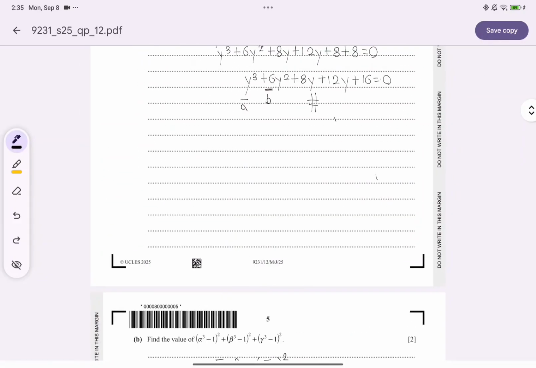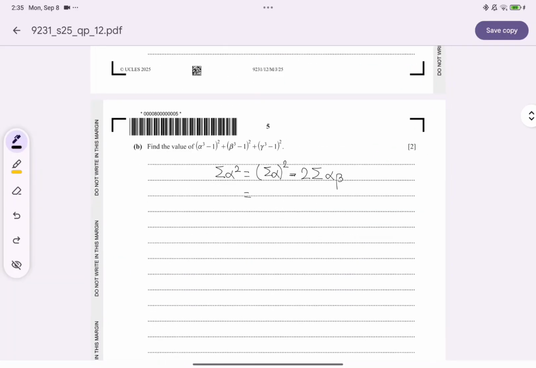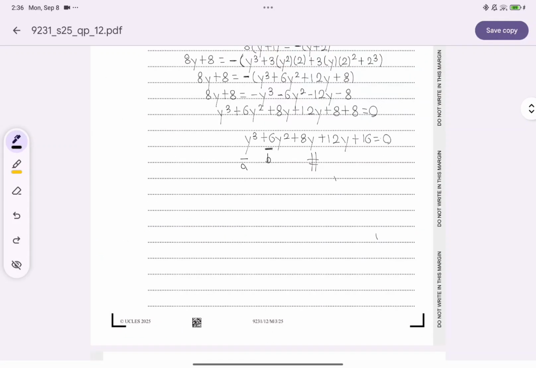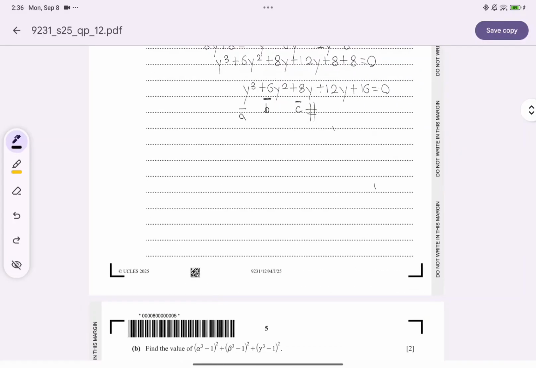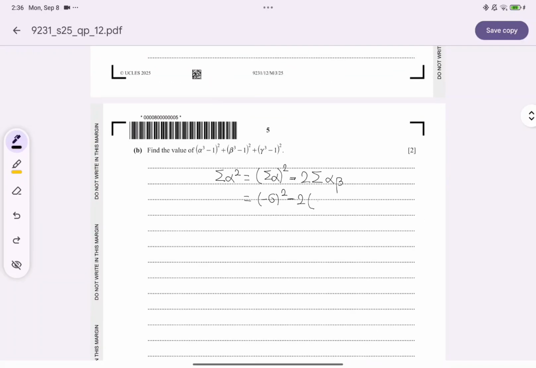So that's minus 6 over 1, which is minus 6. And then to find sigma alpha beta, you take the coefficient of y, which we'll label as c, and divide it by a. So that's 8 divided by 1, which is 8. And just type this into your calculator.